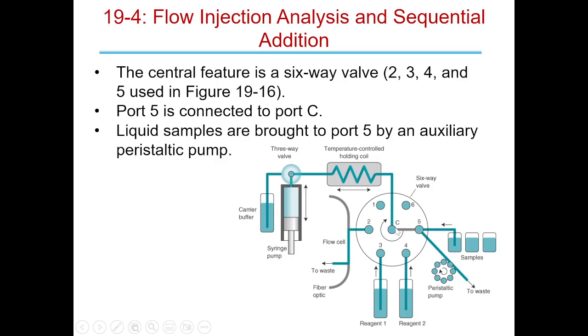Anyways, do you have any questions about this? No? Okay. This literally is just 6 directions off that valve. You need an auxiliary peristaltic pump, by the way, because when you have more directions coming off a valve, it's going to weaken your flow rate. So this keeps that flow rate reasonable.